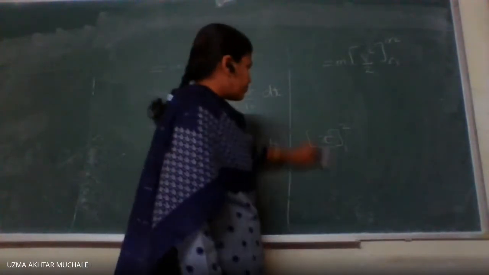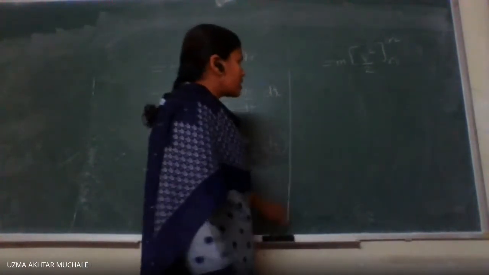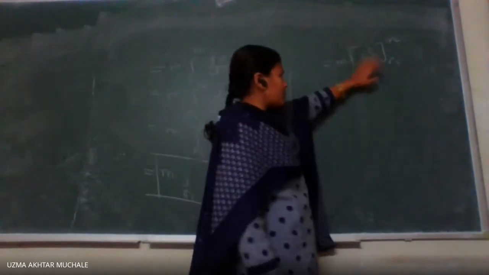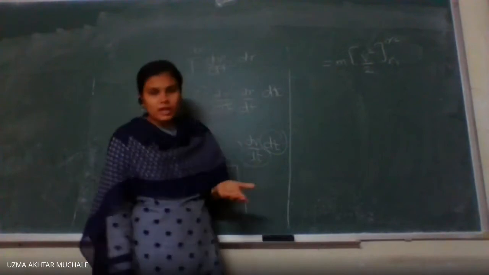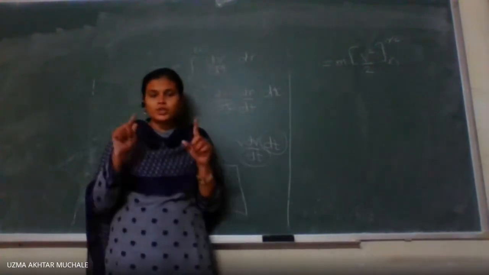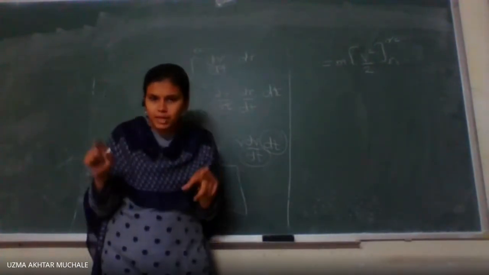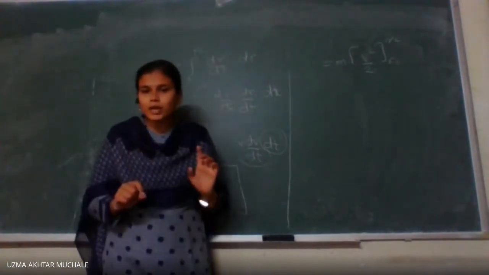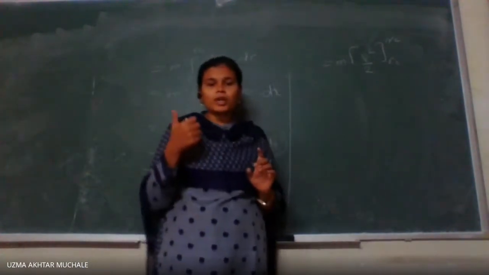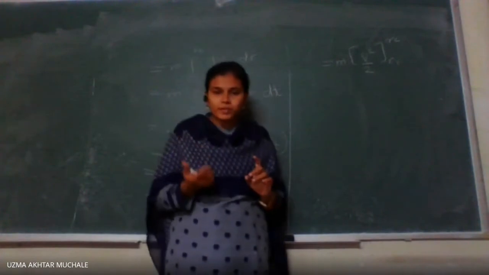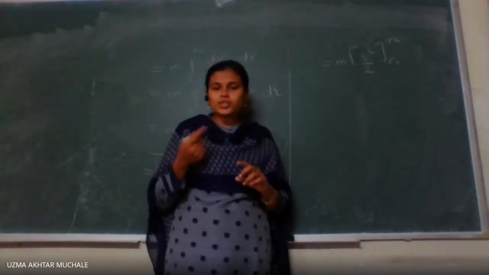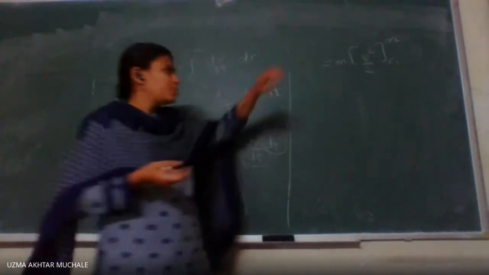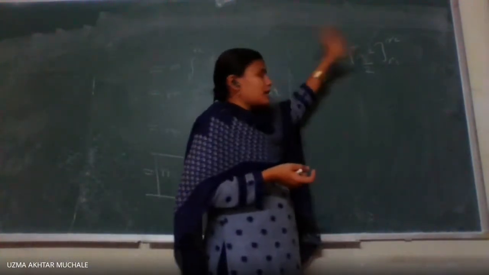Correct? But here if you see what is with us, v square by 2, and r1 and r2 are not the velocities. V square is there and within the limits r1 to r2. What are r1 and r2? These are the position vectors at point p1 and point p2. If these are the position vectors at p1 and p2, then we have to put that in the velocity.